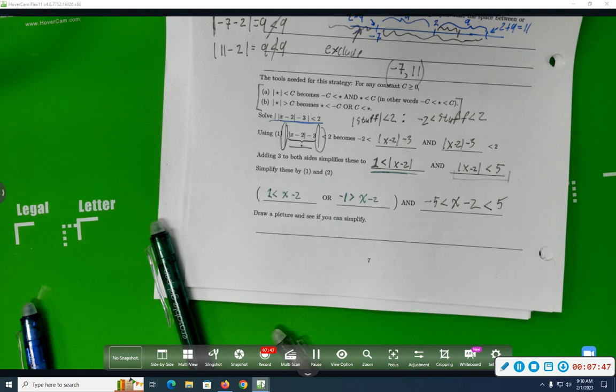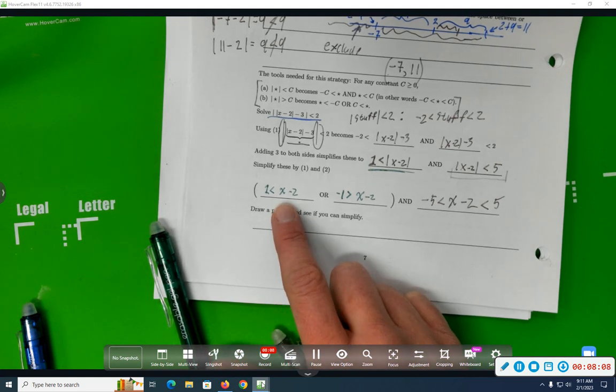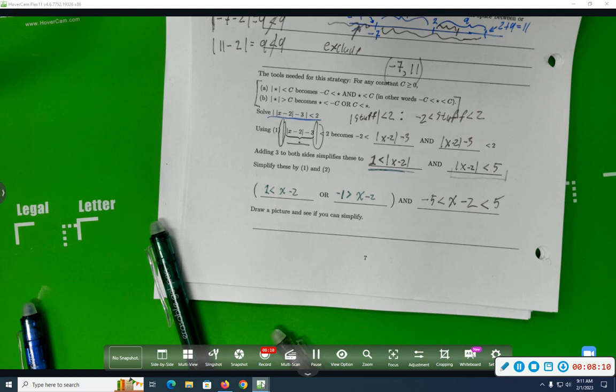All right, so now I see 3 inequalities put together with some logical statements, ands and ors. Each of those looks like a reasonably simple inequality to just get x on its own. So let's put them together. If 1 is less than x minus 2, what can you tell me about x?